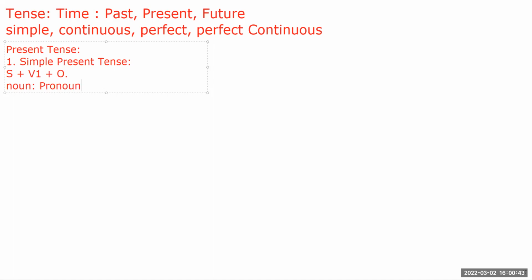You can use all pronouns like I, we, you, he, she, it, they. So first of all, as far as subject is concerned, you can use any name. It can be your name, it can be someone else's name, that can be your subject. Subject can be a pronoun, any pronoun you can use: I, we, you, he, she, it, they.